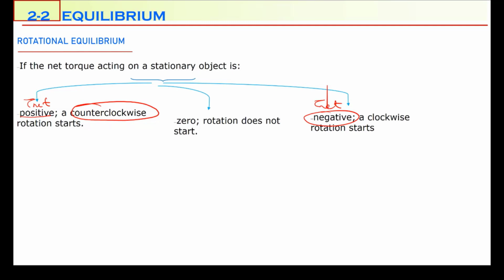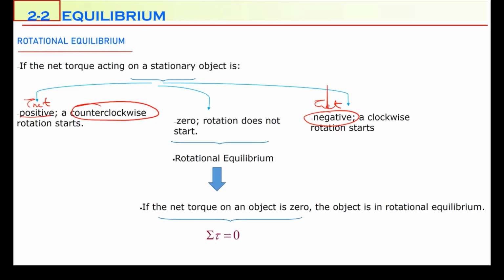This is what we are talking about. We will talk about this. If net torque acting on a stationary object is 0, rotation does not start, and this is known as rotational equilibrium. So if the net torque on an object is 0, the object is said to be in rotational equilibrium.